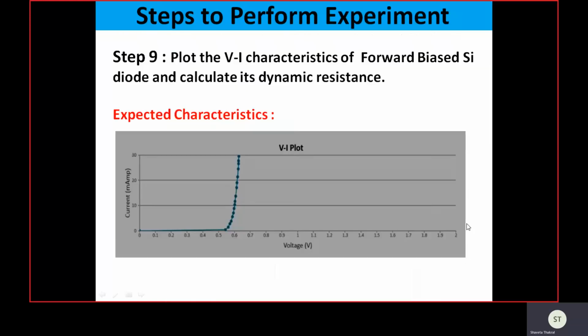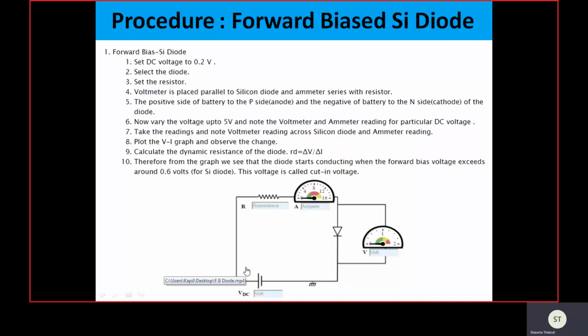After simulation we need to plot the VI characteristics of the forward biased silicon diode, and finally we calculate its dynamic resistance, and these are the expected characteristics that we need to plot for the forward biased PN junction diode. So this is the procedure displayed on the website.